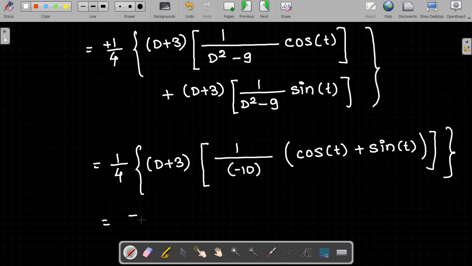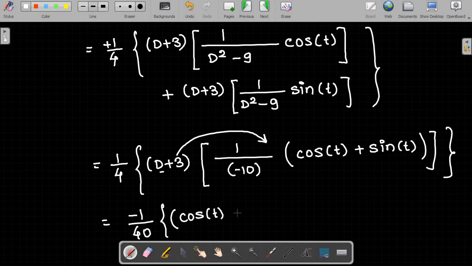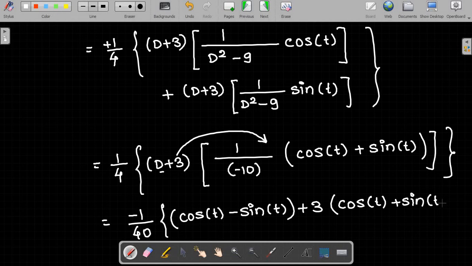So this will be minus 1 upon 40 into, let's operate this D plus 3 on this bracket. So the derivative of cos t and sin t will be, the first derivative of cos t is minus sin t, so it is cos t minus sin t plus 3 times cos t plus sin t.